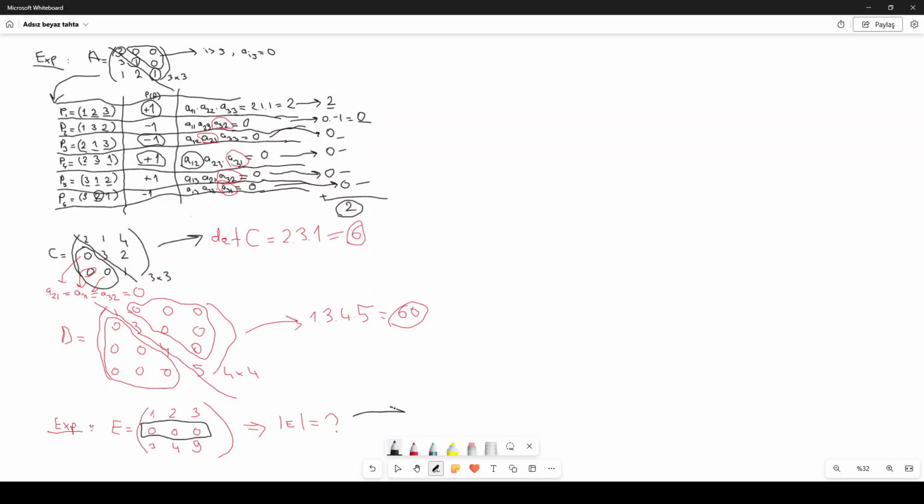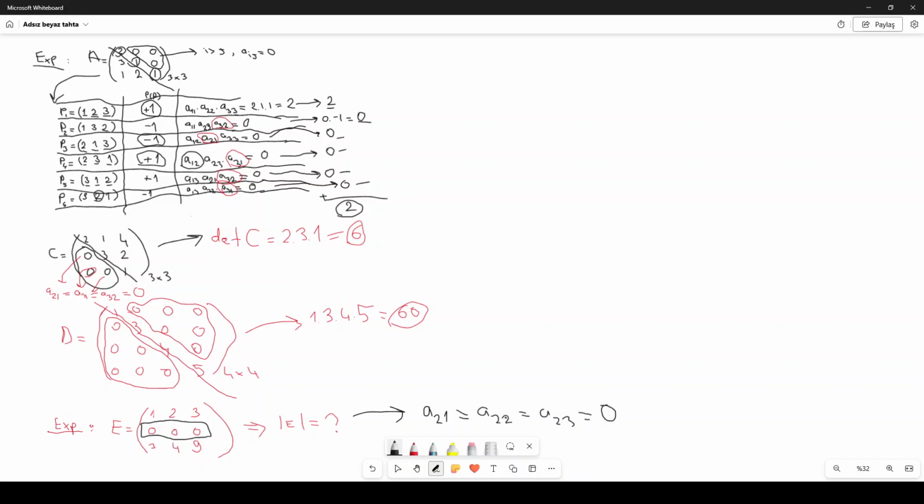What does this mean? This means anything in the second row is equal to 0. So A21 is equal to A22 is equal to A23 is equal to 0. Now look at the definition.